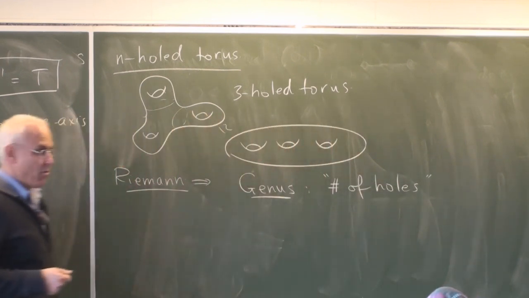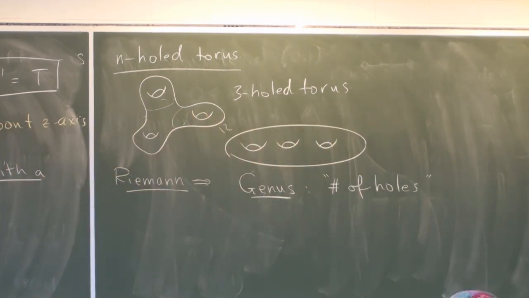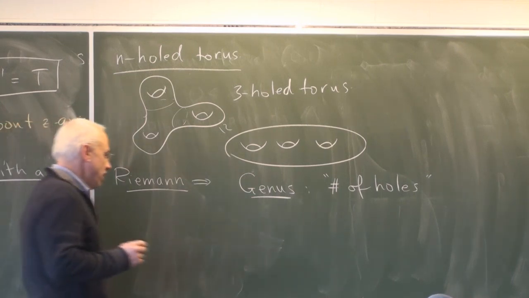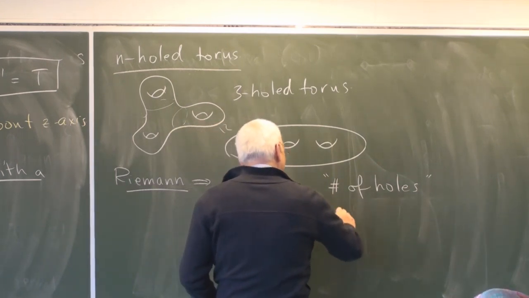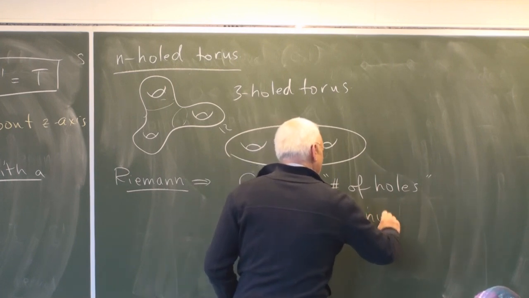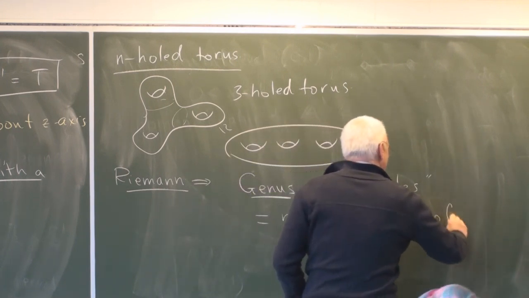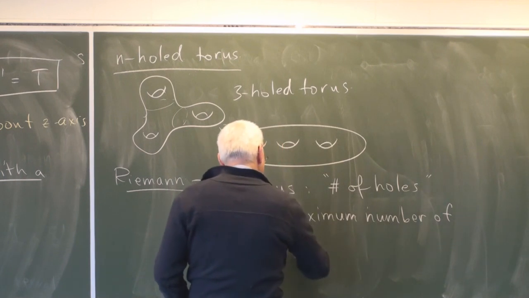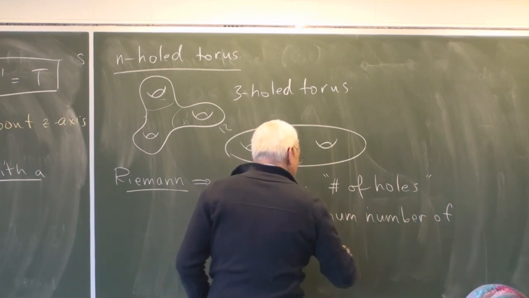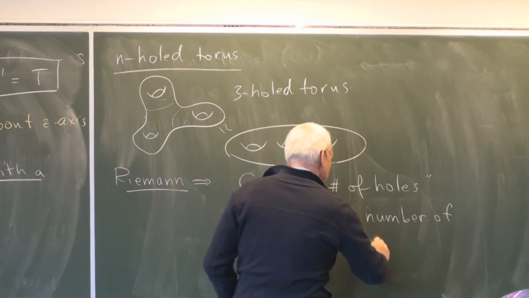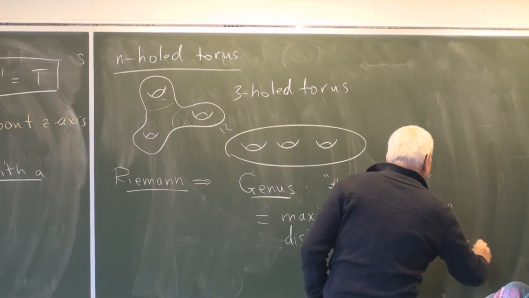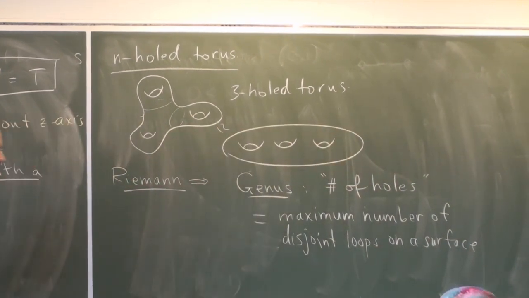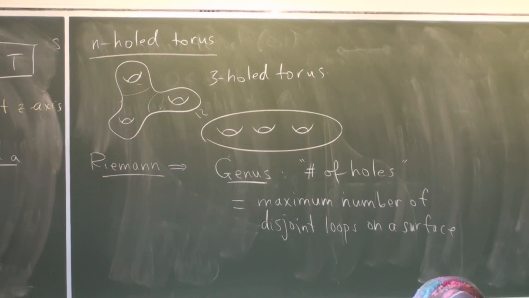But a slightly more careful definition is the genus is the maximum number of disjoint loops on a surface that you can draw so that things are still not disconnected.